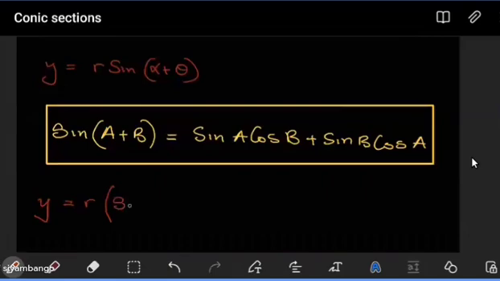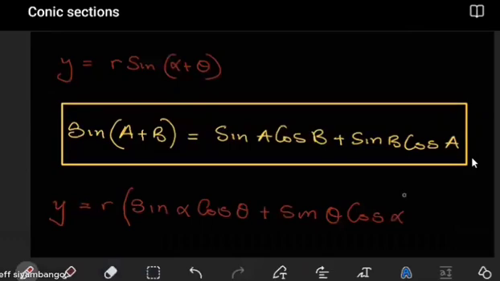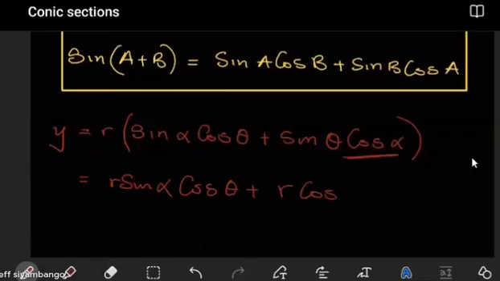Sine A is alpha, then cos B, B is theta, plus sine B, theta, then cos A, alpha. I'll distribute the r, so this is r sine alpha cos theta plus r cos alpha sine theta.